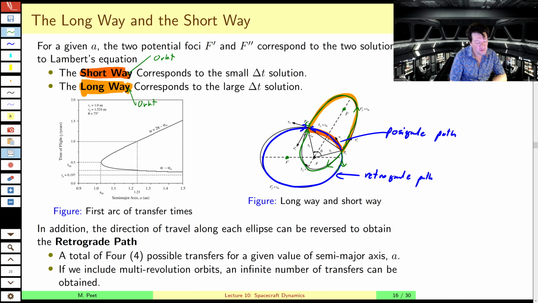Complicating the matter further, for a given A, you could double up and say, well, I'm going to transfer all the way around and back again. That's called a multi-revolution solution.